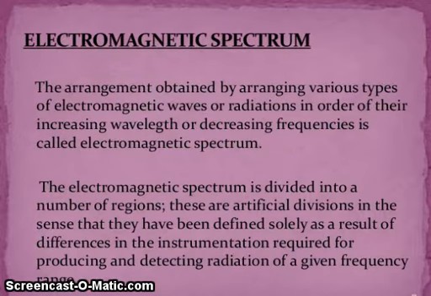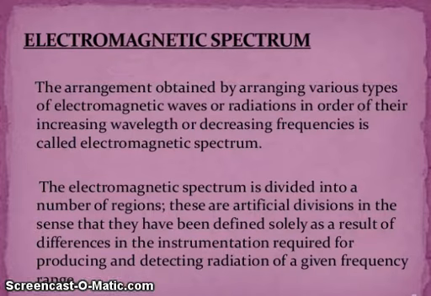Now friends, I will focus on the electromagnetic spectrum. The arrangement obtained by arranging various types of electromagnetic waves or radiations in order of their increasing wavelength or decreasing frequency is called the electromagnetic spectrum.